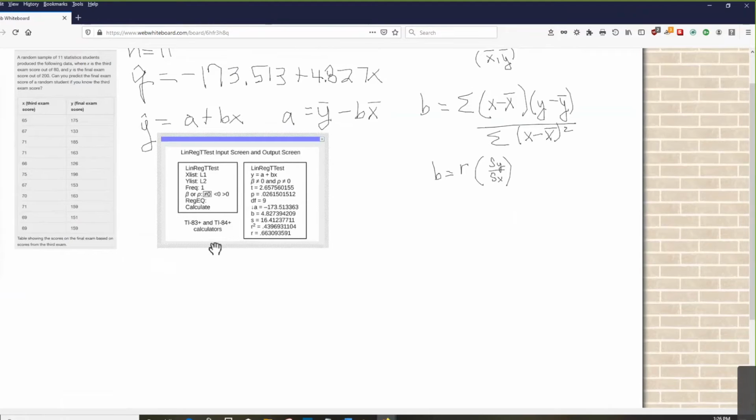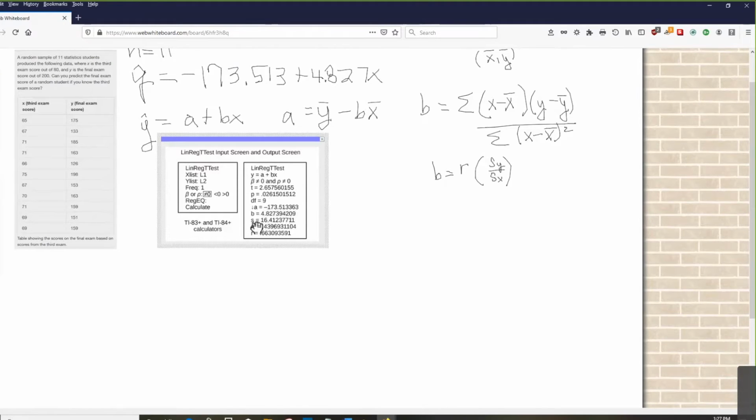But you can see from this screen that it gives us, once again, the equation for y, and in addition to your equation, it's going to give you your A and your B, which you can see we got real similar results.